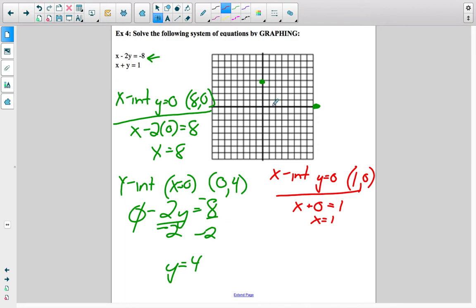So that's my x-intercept. I'm going to keep on going for a second here. I just caught a little mistake that I made. Here, my y-intercept, I'm going to plug in 0 for x and figure out what y equals. Well, y is going to equal 1.